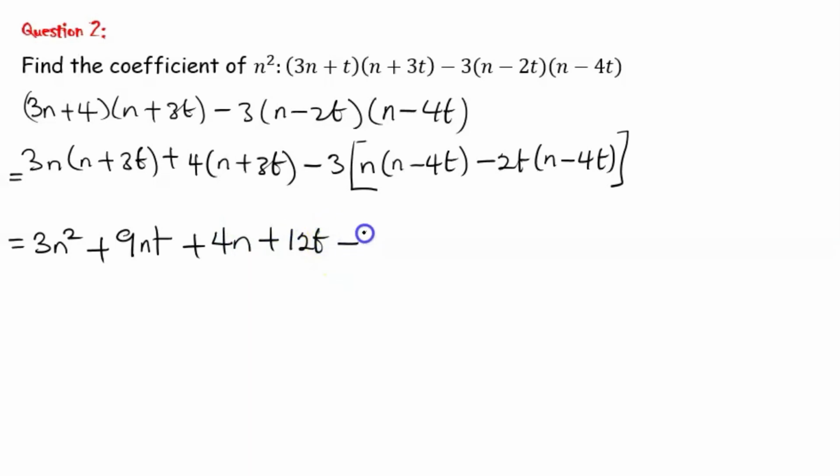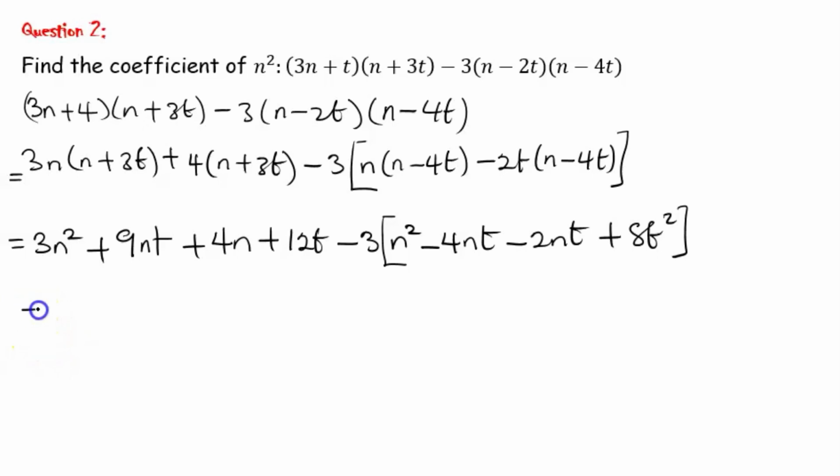Minus 3, let's deal with this first. I'm having n squared minus 4nt, then minus 2nt plus 8t squared. So that negative is going to work on it. We have 3n squared plus 9nt plus 4n plus 12t.